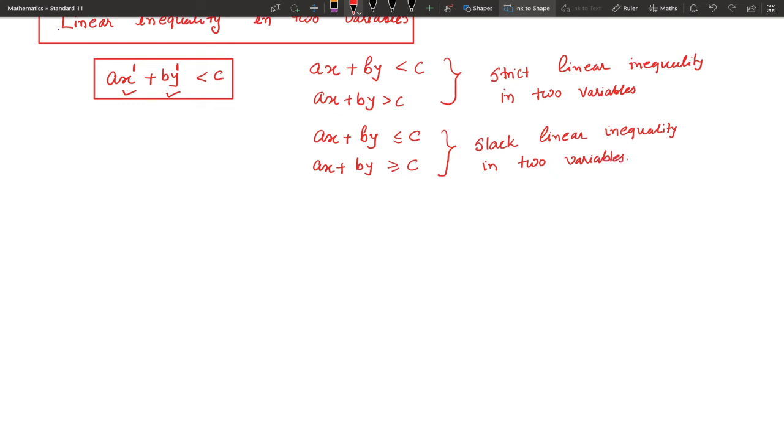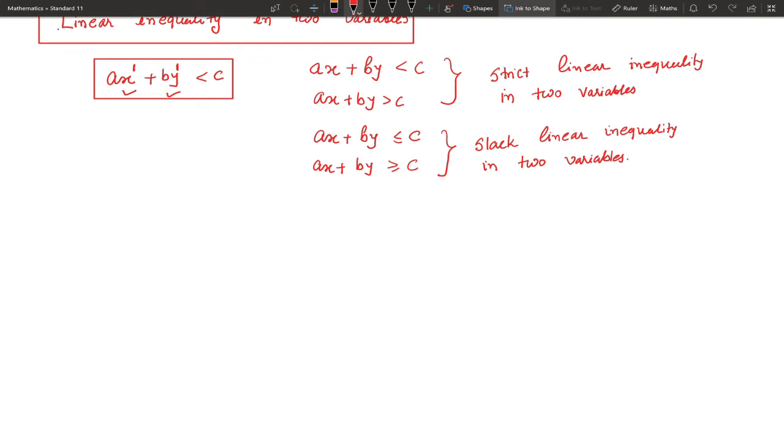Now, how to solve? Throughout the chapters, we have to solve linear inequality. There are two types of solution. One is the solution set, and in another one we have to obtain graphical solution of linear inequality.